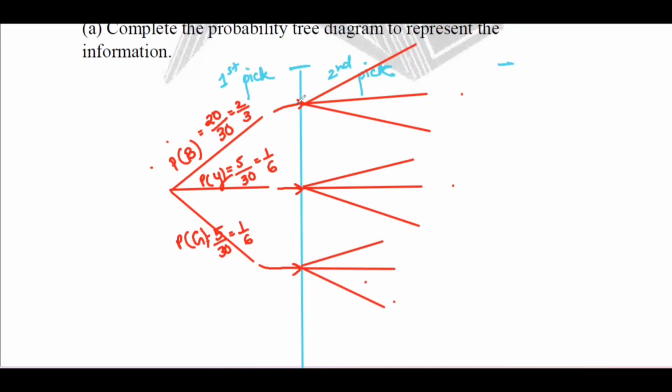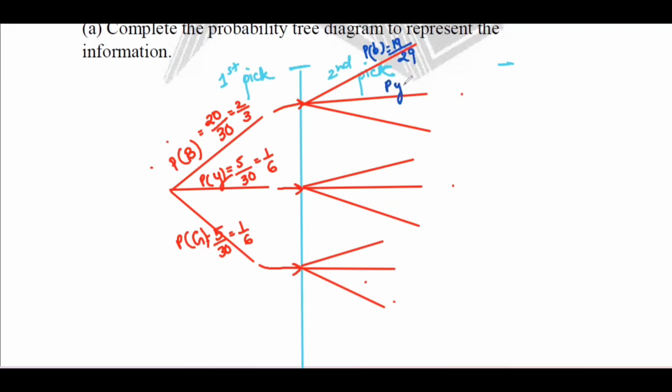Previously there were 30 marbles, because he has already chosen one marble, so the remaining are 29 marbles. So the probability of picking blue will be, this is the case when he has already chosen the blue in the first pick. That's the reason now he has 19 blue marbles out of 29.